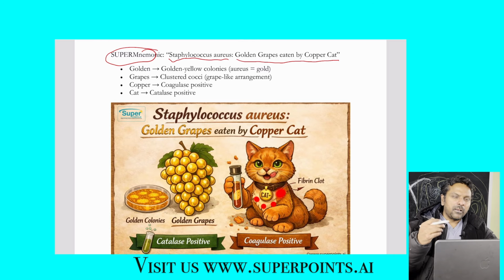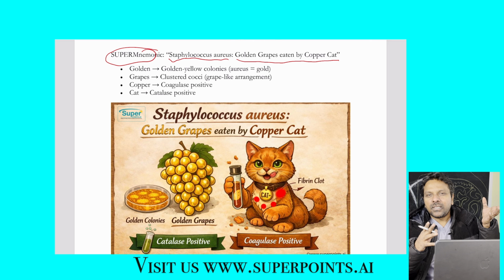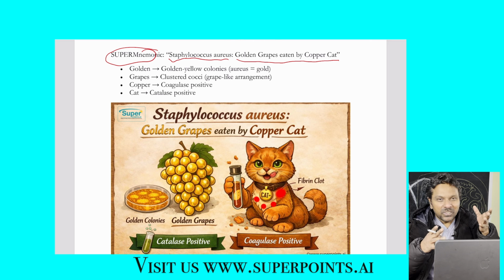So I always imagined golden grapes eaten by a copper cat. All right, because Staphylococcus aureus, the aureus itself means gold. So golden grapes, this organism organizes itself like a cluster of grapes.